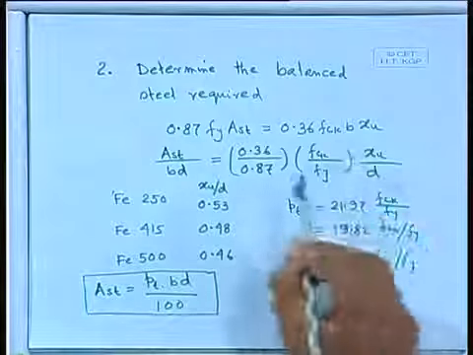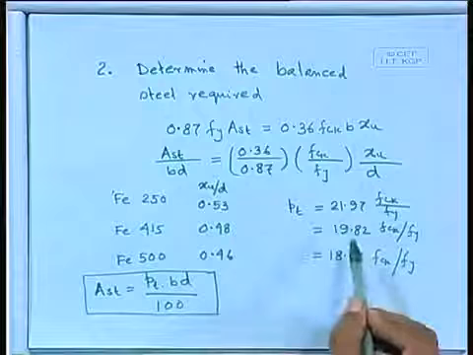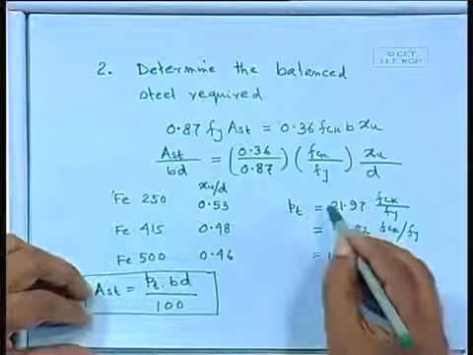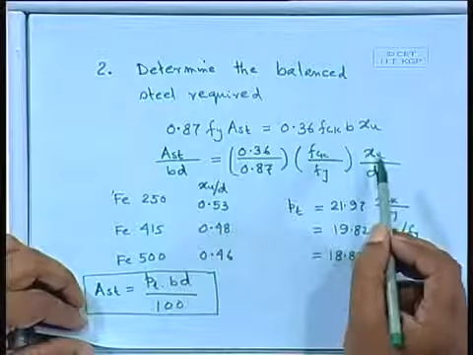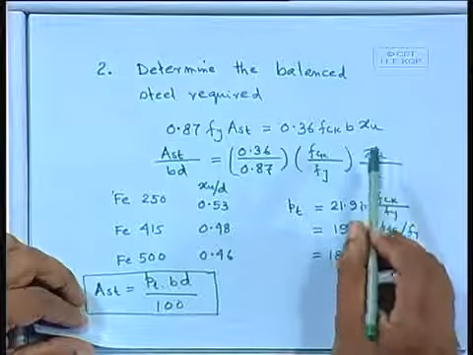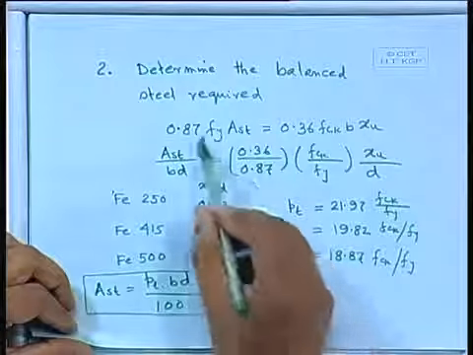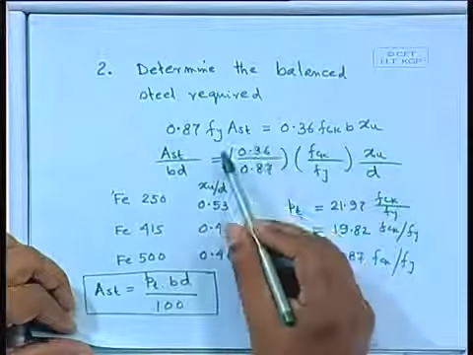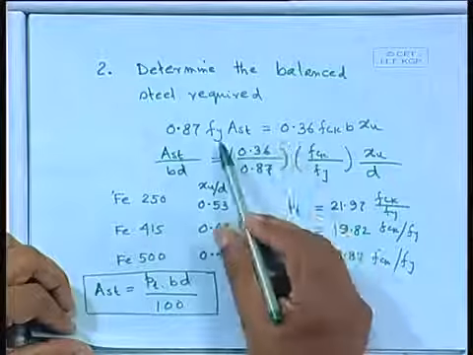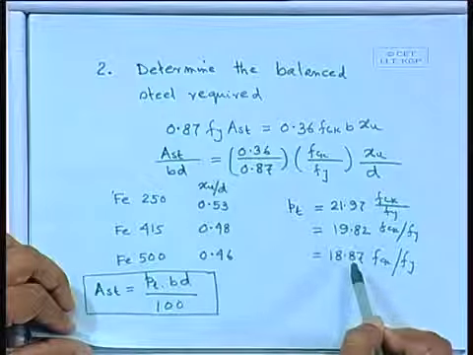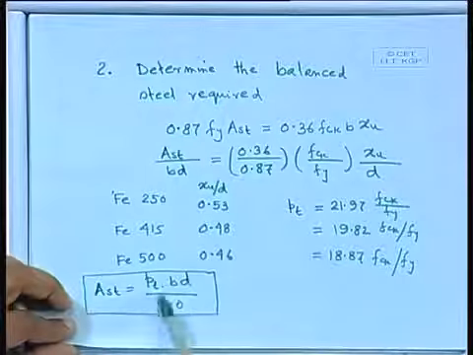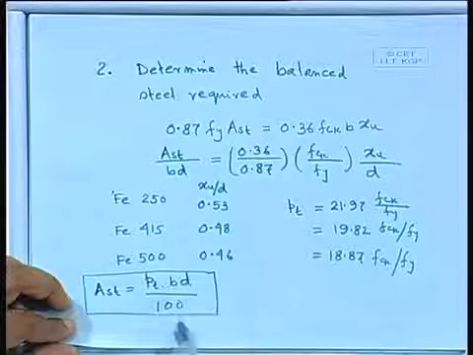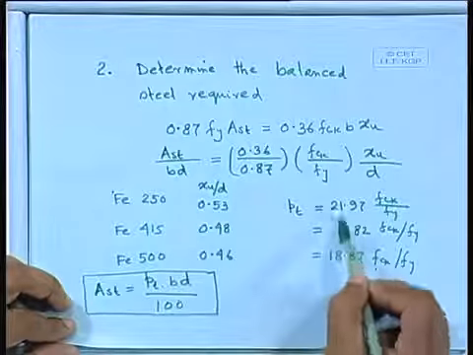If we calculate, we shall get this. Either you can remember this, or we can start from the very first principle. Our objective here is to find out, because it is easier to remember, that the steel force equals the compressive force. From there you get that value, and we can find out Ast equal to Pt bd by 100. Therefore, we can write down Pt.